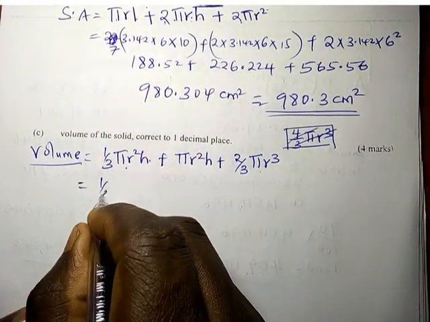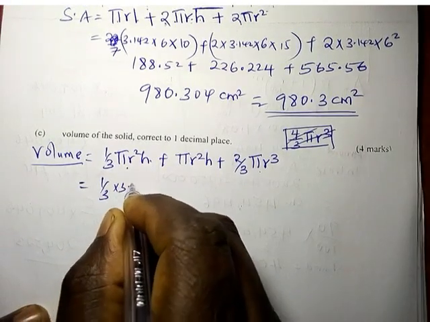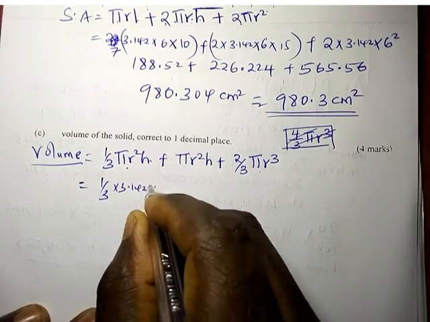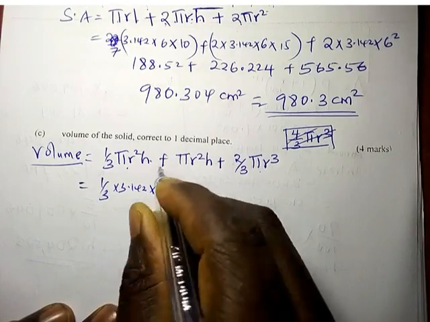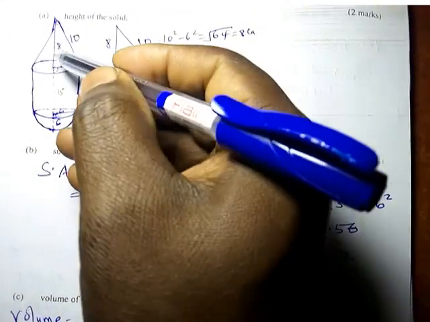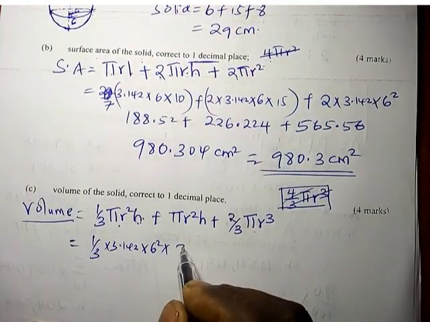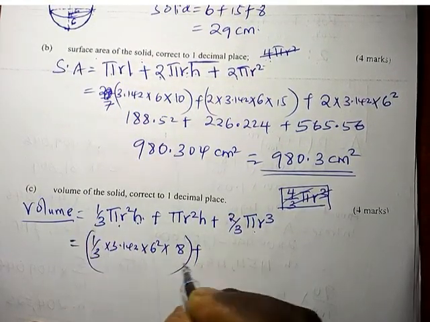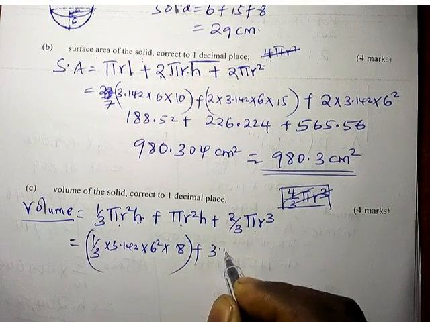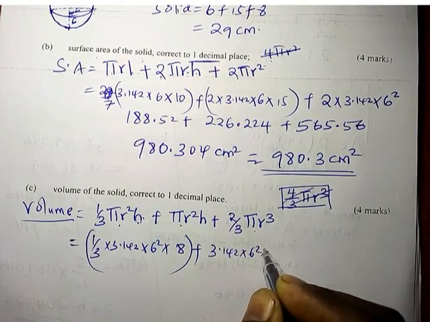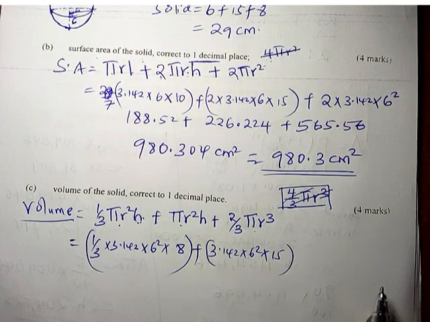So this one is a third times 3.14 times 6 square times h. H is 8, the cone, times 8, plus 3.14 times 6 square times 15. That is the cylinder.